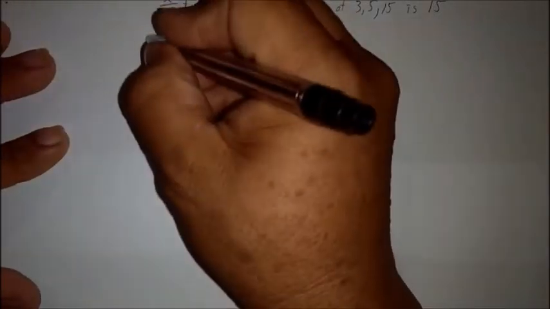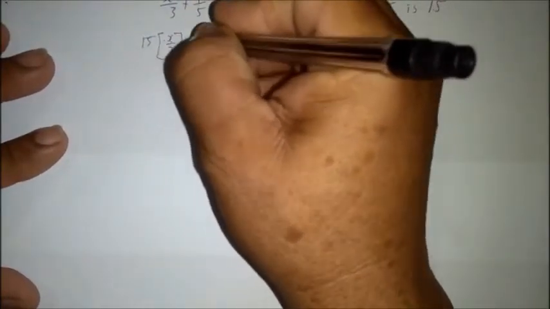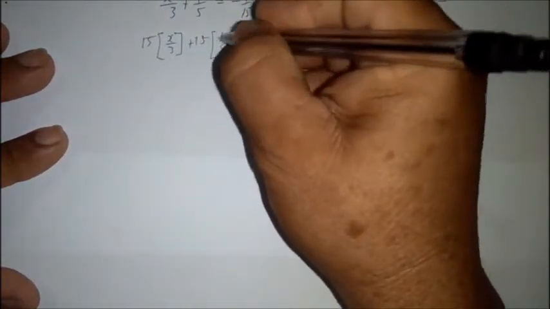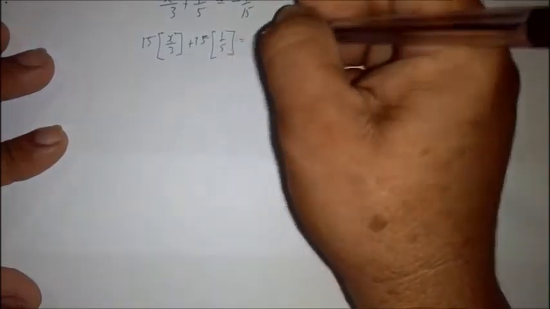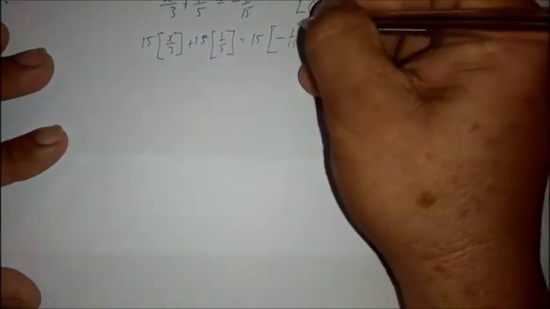By multiplying both sides by the LCM, our equation will look like 15 open bracket x over 3, plus 15 open bracket 1 over 5, equals 15 open bracket negative 1 over 15.